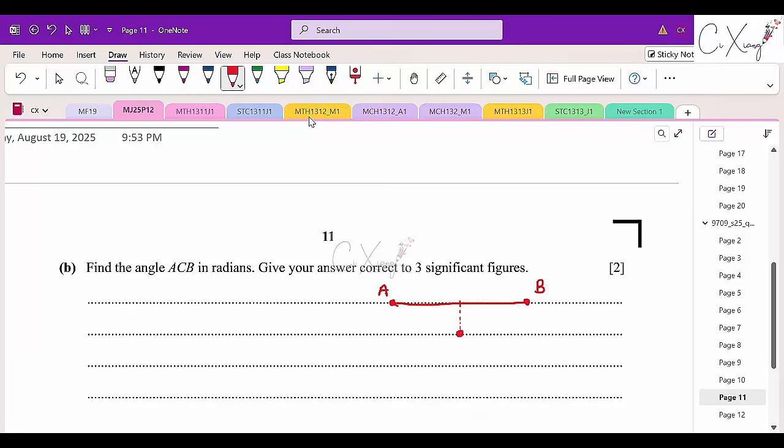When you draw a perpendicular line from C to the chord AB, it is actually the perpendicular bisector of the line AB. So you should know that these two are the same distance. Then I will label the midpoint here as M to make the calculation easier later.